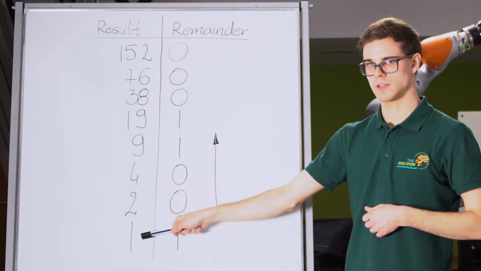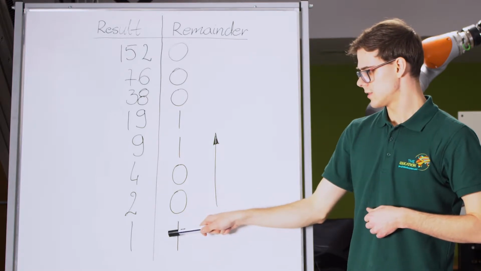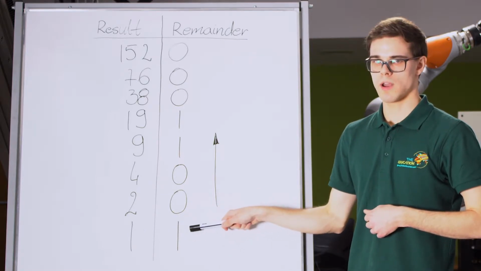And 1 divided by 2 is 0 with remainder 1.